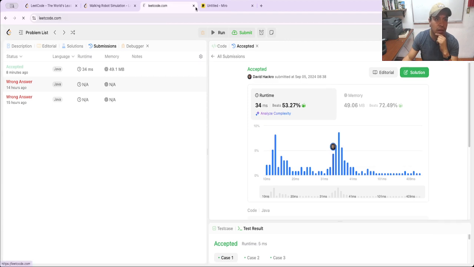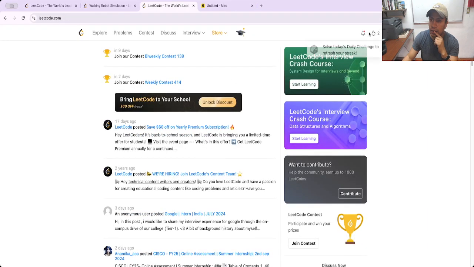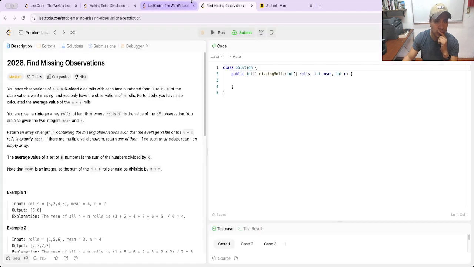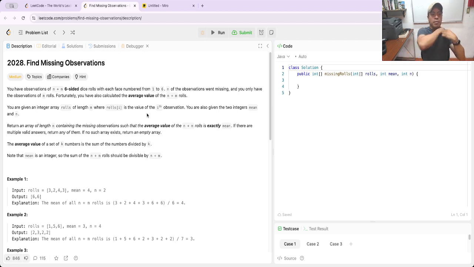Okay. Now I only want to look at the problem of today. It is find missing observations. You have observations of n plus m rolls of a 6-sided die, with each face numbered 1 to 6, but you only have the observations of m rolls.